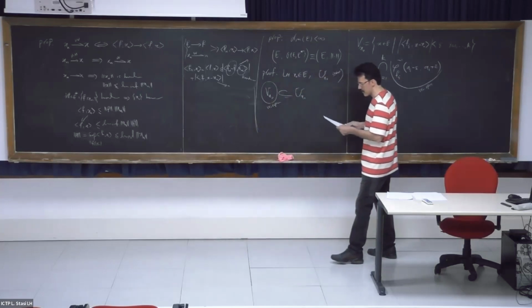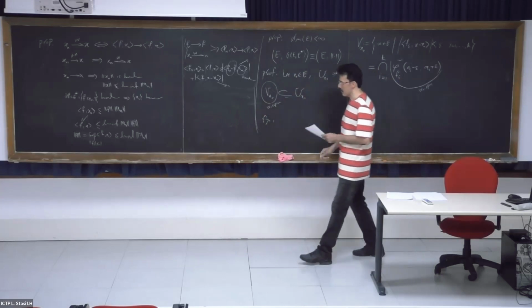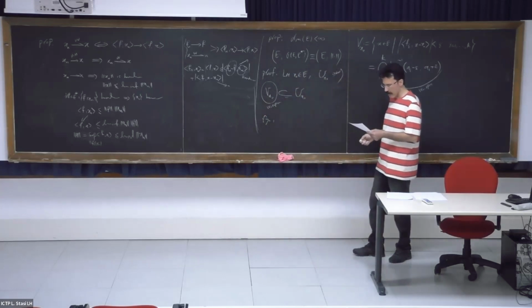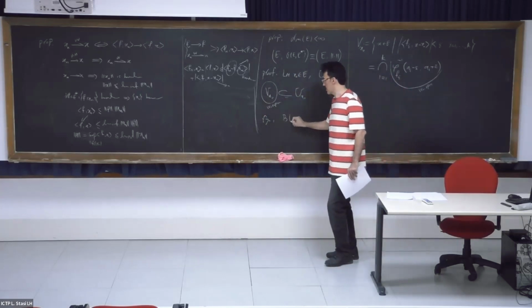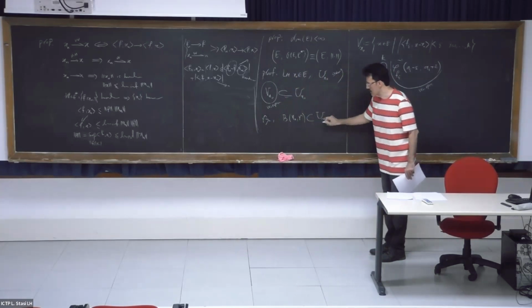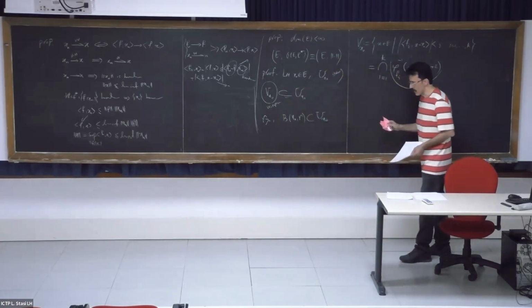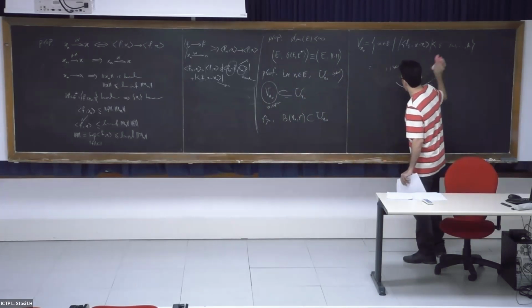Let r be a positive number with this property. It is possible because U is a strong neighborhood of x0.